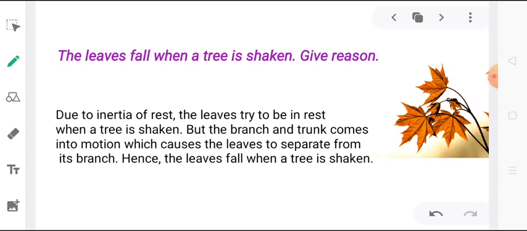This is exactly the way in which we clean a foot mat in our homes. Whenever we shake it, the foot mat comes into motion, but the dust that is trapped inside it wants to remain at rest due to inertia, so it gets separated out. Similarly, when you shake a wet cloth, you find water droplets coming out of it. This is exactly due to the same reason.